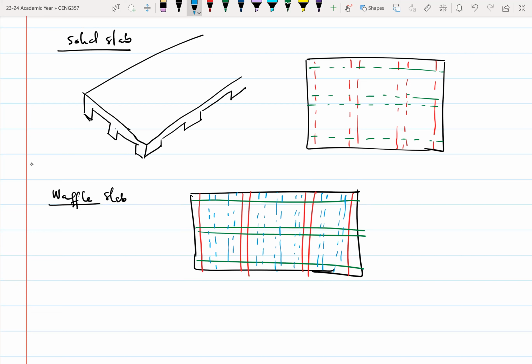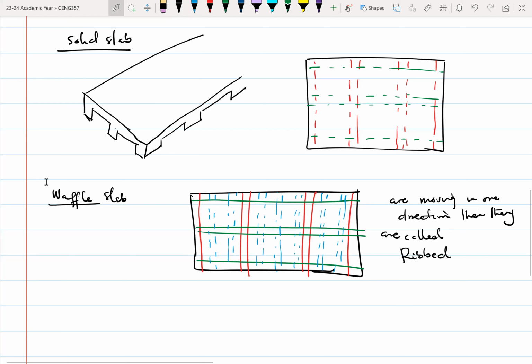If the smaller beams are moving in one direction, like in this case, then they are called ribbed slabs. So you have the smaller beams, or the secondary beams, going in one direction, not the primary beams.